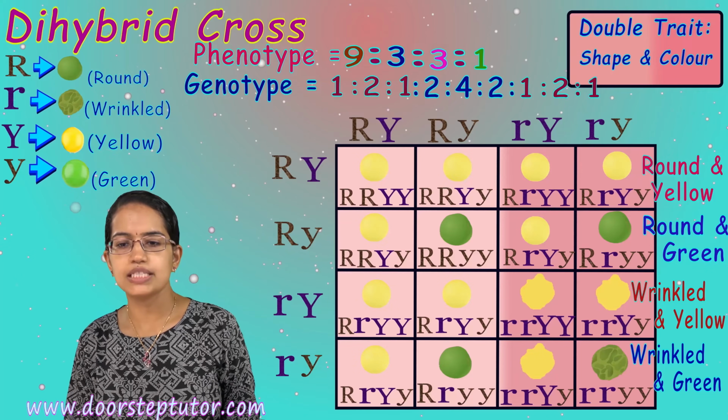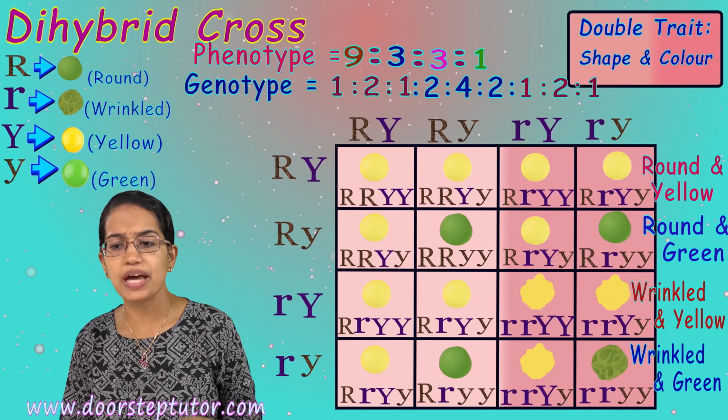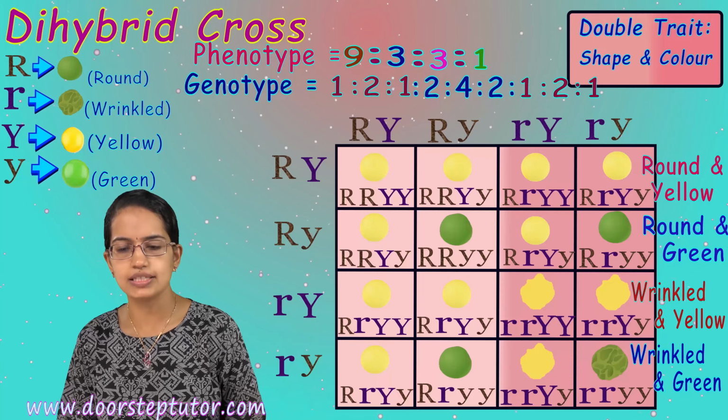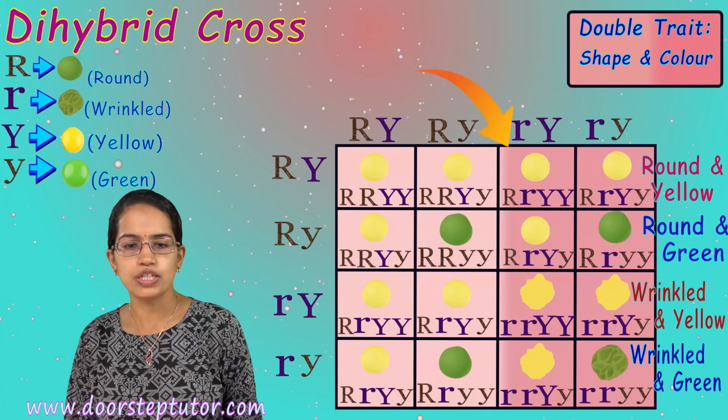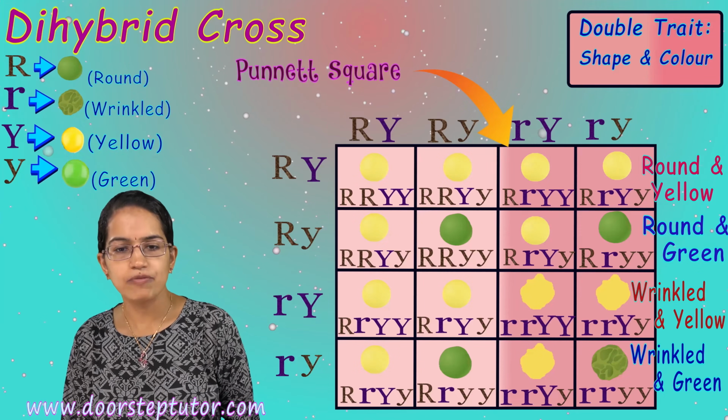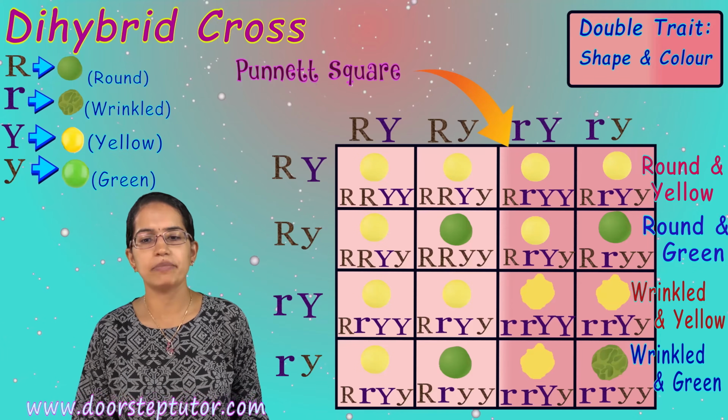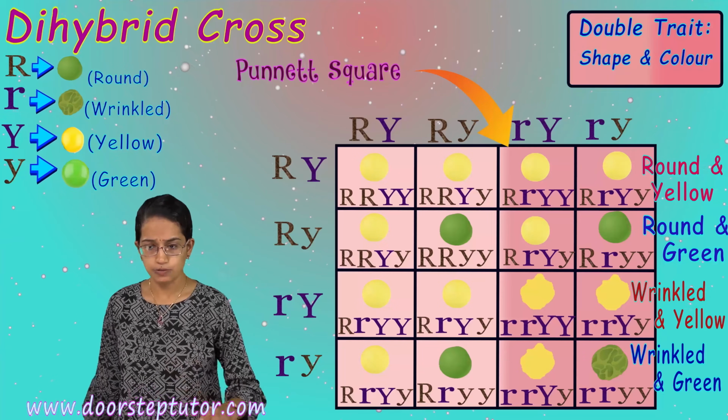And that's the complete sequence of the genotype that you would study further in the higher classes. If you want to solve this, the square that we draw is what is known as a Punnett square. And when you solve this Punnett square, you would be able to have this genotypic ratio.